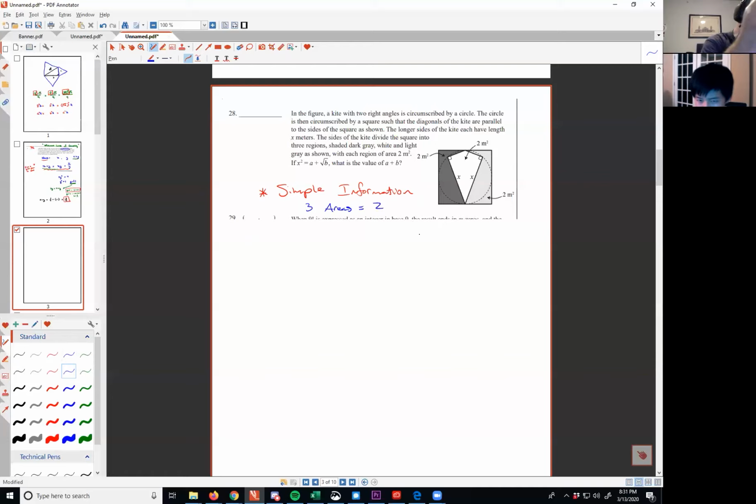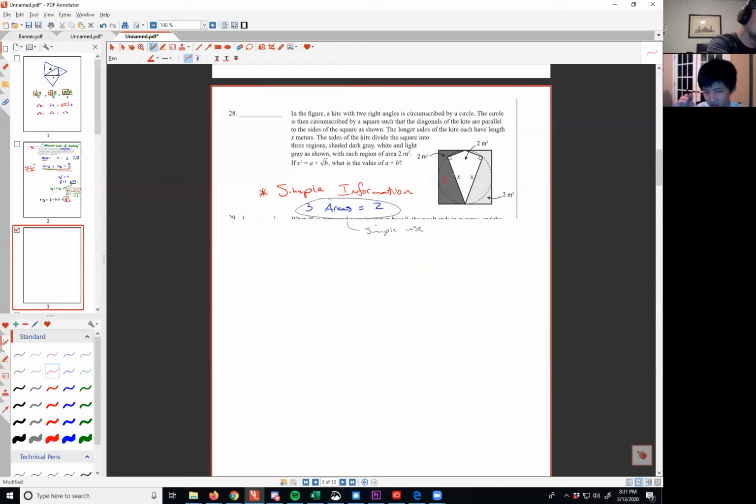Okay, what does that mean? The ones on the side are definitely equal, but then the center one is somehow equal to the other one. What is some simple way to use what we know? We have areas of 2.